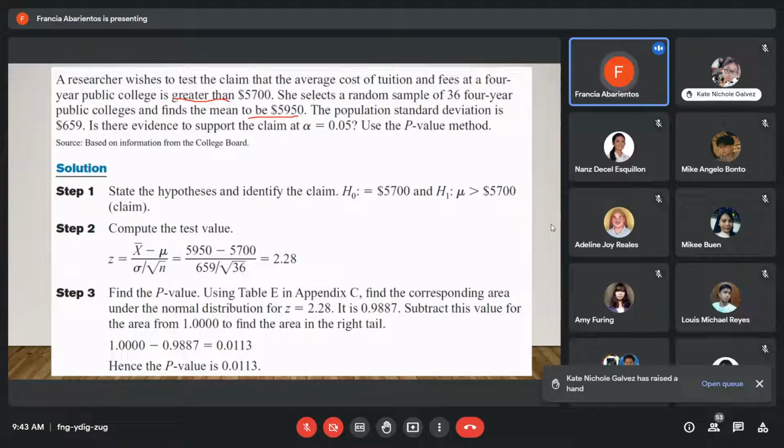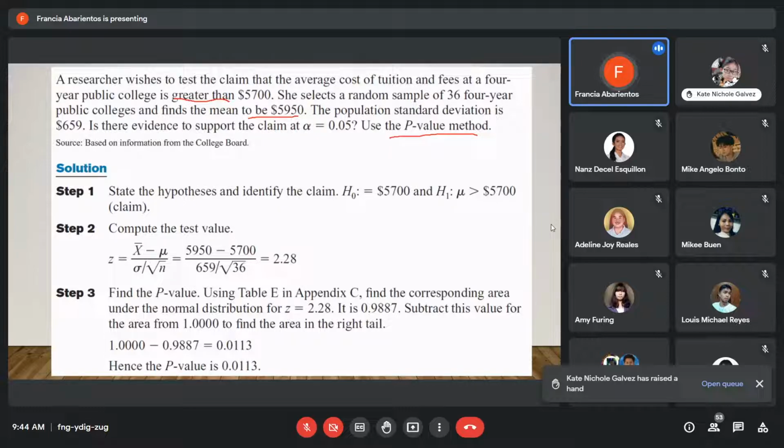The population standard deviation is 659. Is there evidence to support the claim at a level of significance of 0.05? You need to use the p-value method. Dinectate nito class na we'll make use of the p-value method.